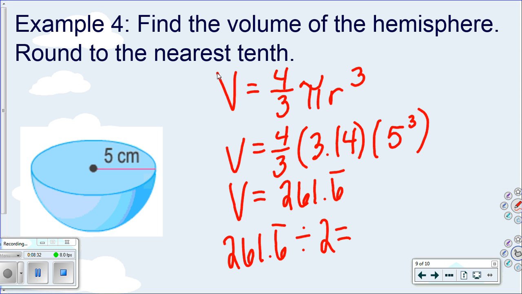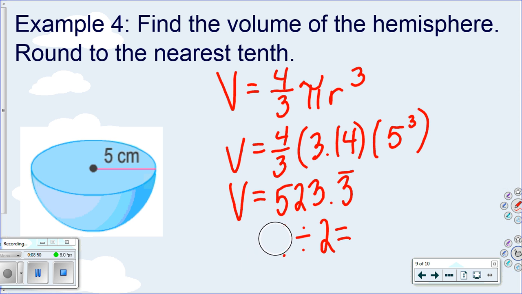4/3 times 3.14 times 5 cubed. Sorry, this was incorrect. Alright, so we should have gotten 523.3 repeating. Is that correct? Yeah. And then you take that number and divide it by 2.